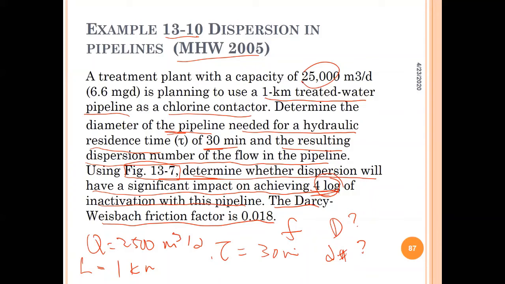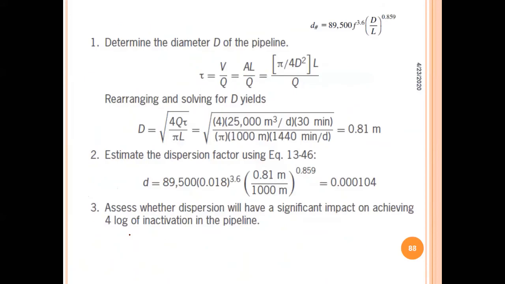So the flow is given and the hydraulic residence time is given, so you can easily calculate the volume. Because the length is given, you can then calculate the diameter easily. For the diameter calculation, we can use the residence time.